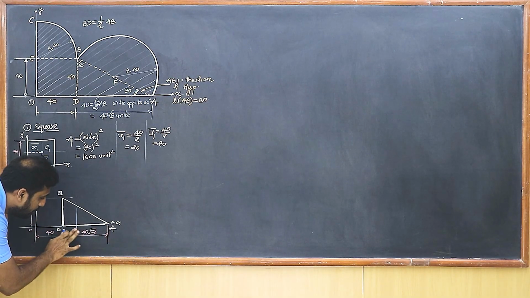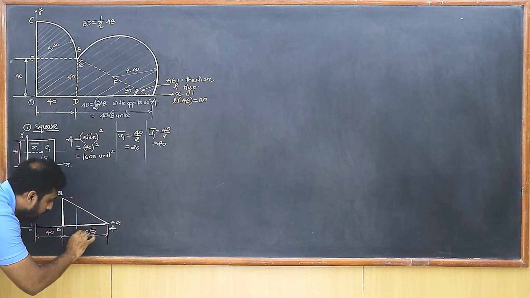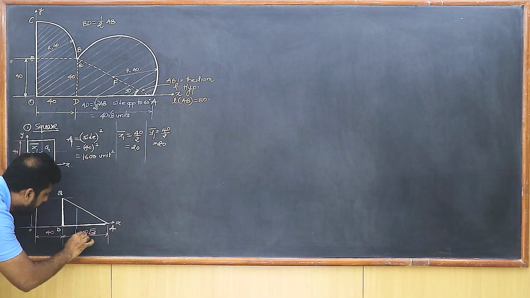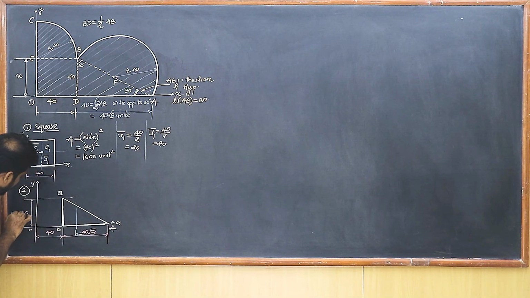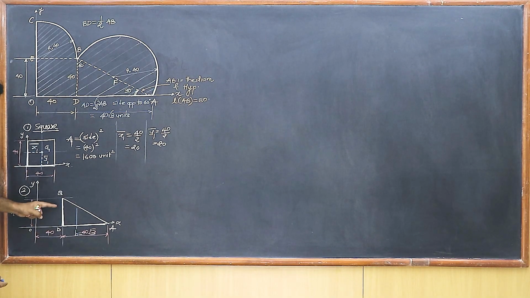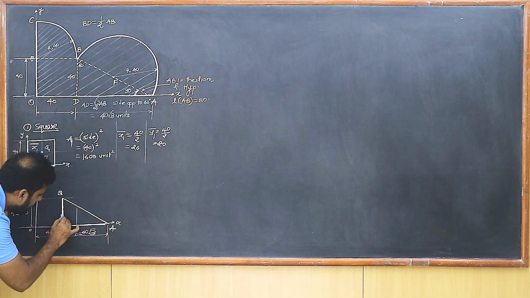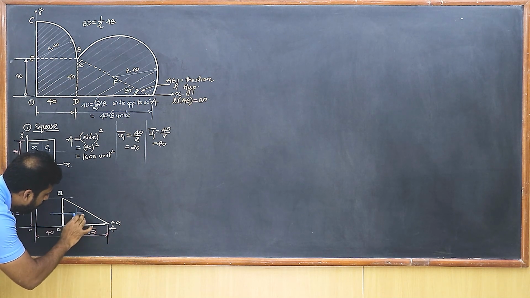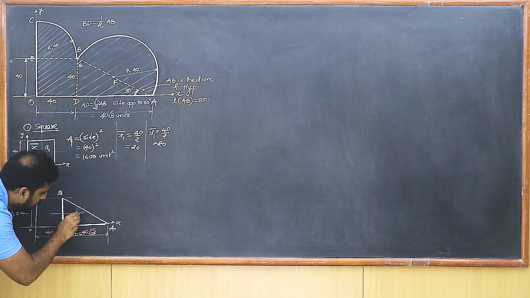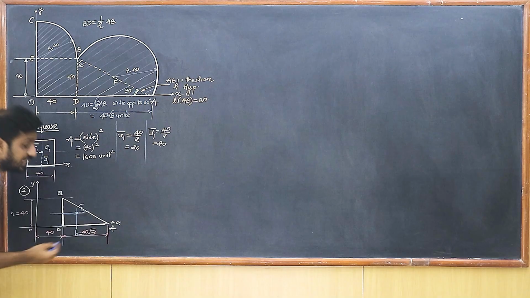So I'm going to call this as B. So let's call this value as B, and the height is H. The height is H, that's 40, isn't it? So here I've drawn one line parallel over here, another line over here I can draw, isn't it? So the intersection is going to be the centroid, that's G2.